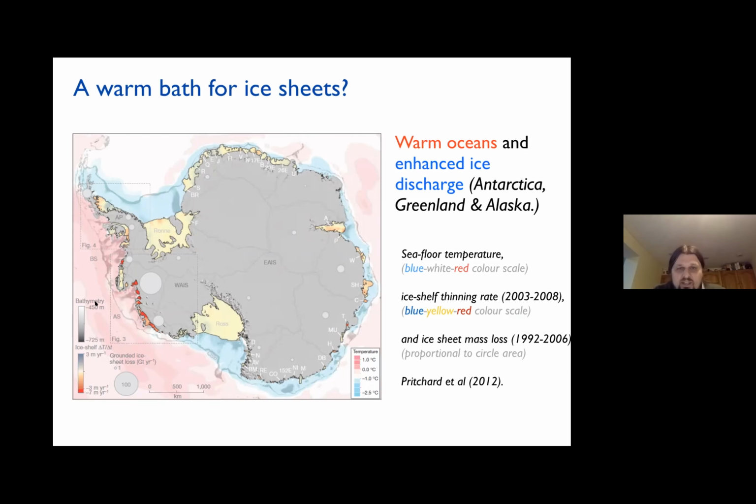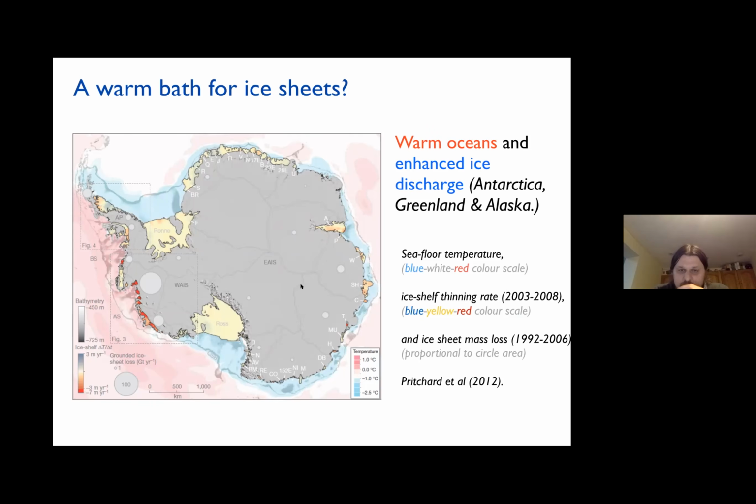And this associates with the regions where you've been able to get relatively warm waters. I'm going to call warm here 1 degree C, relative to the -2 degrees C or so in other locations. You've been able to get this warm water up towards the ice sheet margin, and it's basically been able to attack and melt away at the ice sheet. The other bit of information in this plot is that you can see there are lots of little lines separating out separate basins.